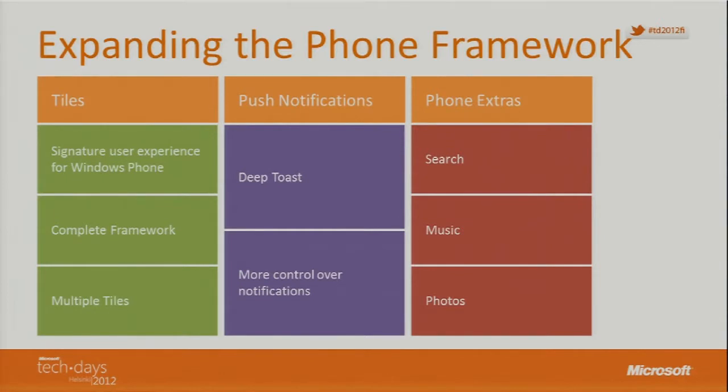I already talked about the tiles itself, but probably the most important thing that I want to emphasize on tiles is that you can have multiple tiles, as I mentioned earlier, but also your backend system can actually update those tiles on the phone, even though the application wouldn't be running at that time.